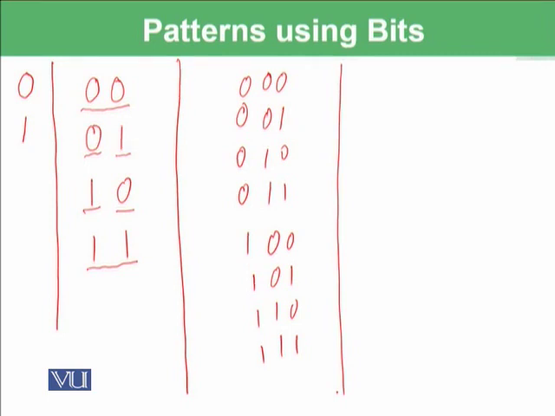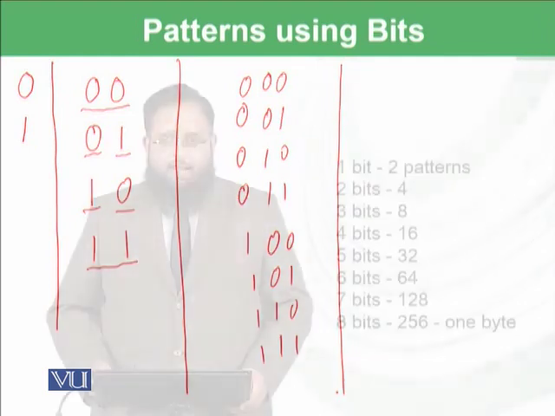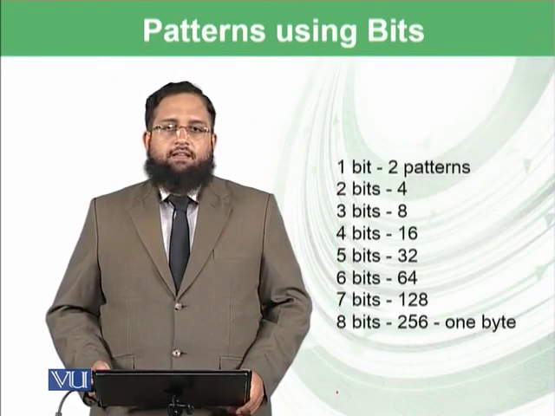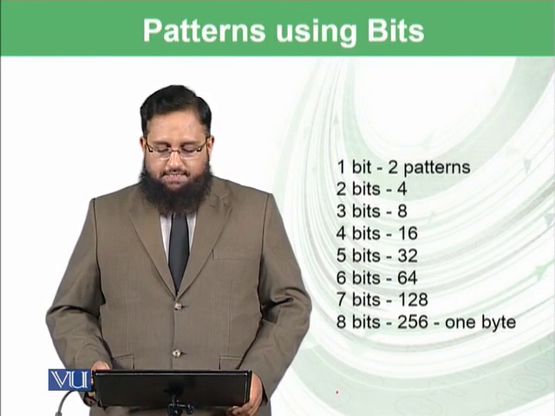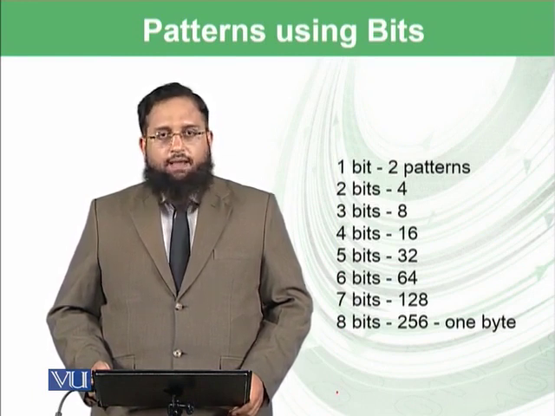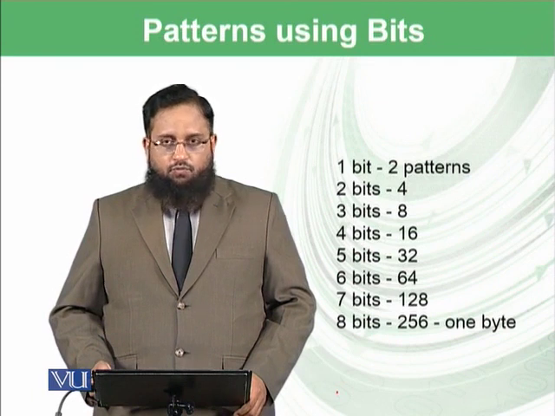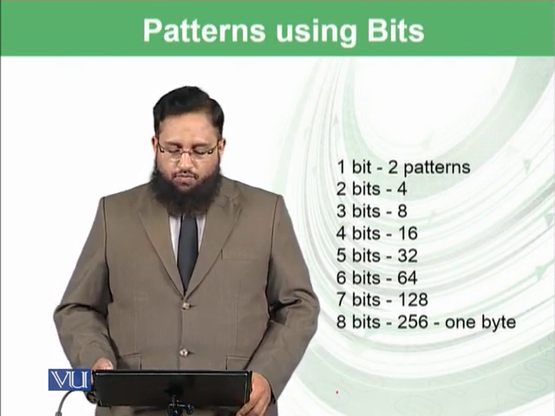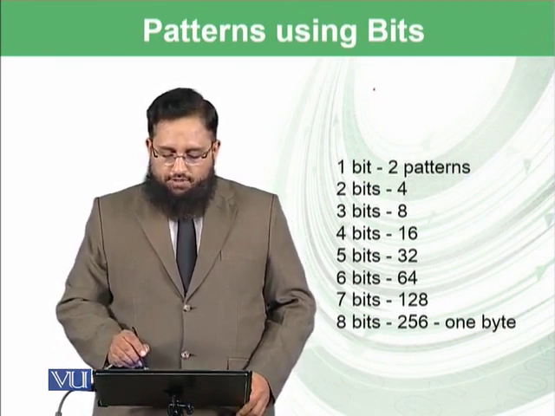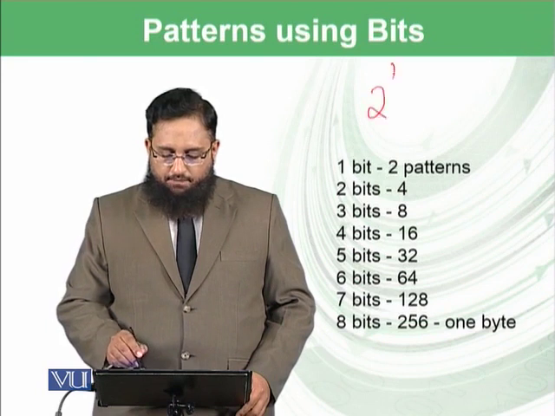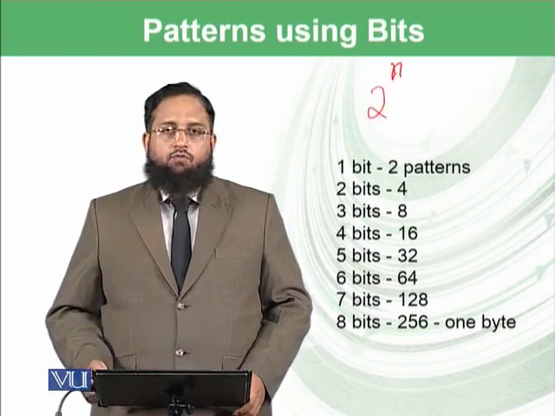And now if we conclude all of this, then we can see that 1 bit can form 2 patterns. So 2 bits can form 4 patterns, 3 bits can form 8 patterns, 4 bits 16, 5 bits 32, 6 bits 64. So normally it will become 2 raised to power n, where n is the number of bits.